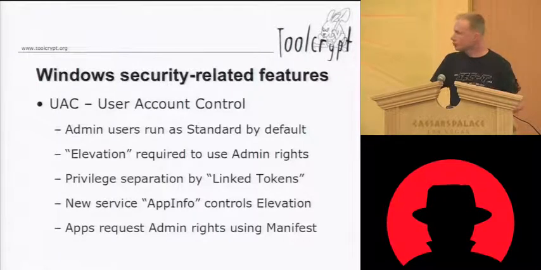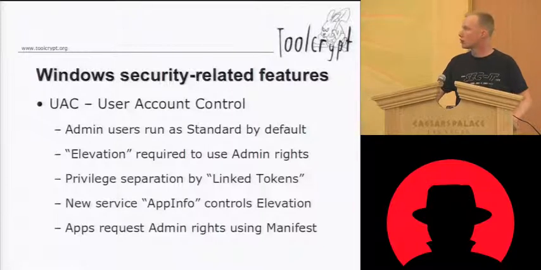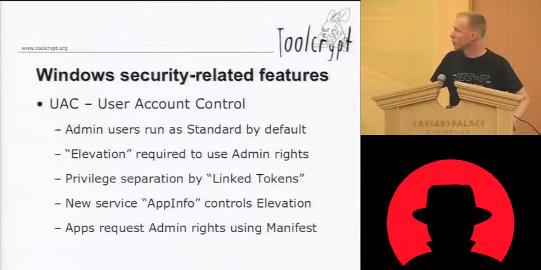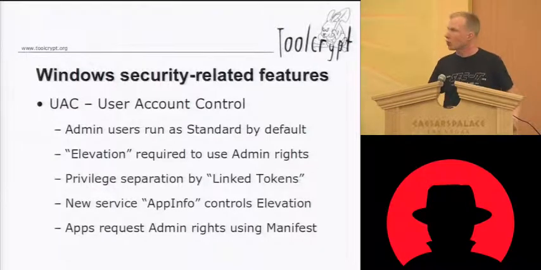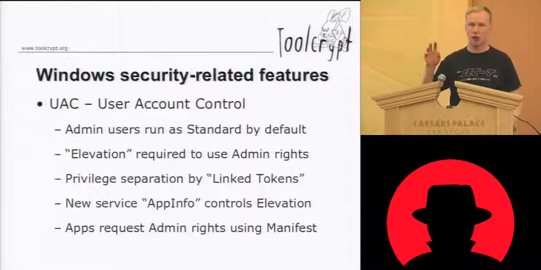And as you remember, the process can't itself change its primary token. So they also introduced a new service running with system privileges called the AppInfo service. That is triggered by the Windows GUI or the Windows shell when it, for example, sees that this might be a setup program that you're running, or you're trying to copy files to a directory which you're not allowed to write to.